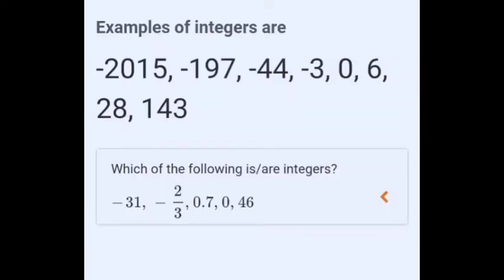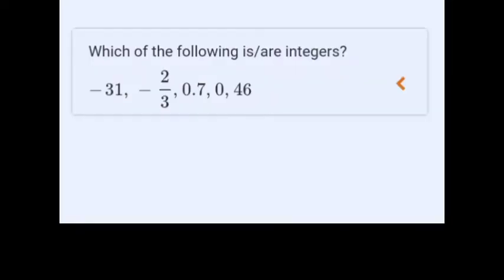So here are some examples of integers. Which of the following is or are integers here? So we have -31, -2/3, 0.7, 0, and 46. Let's find out.